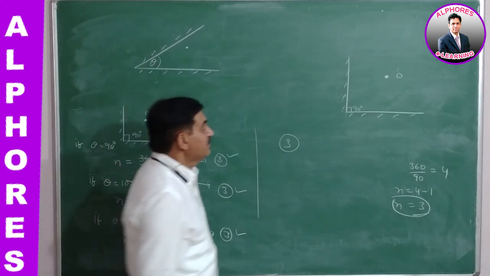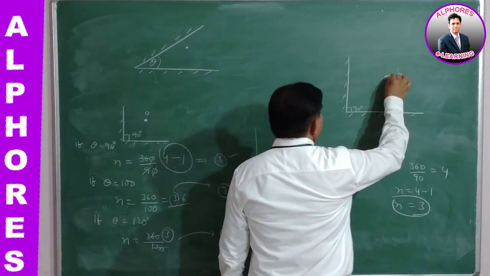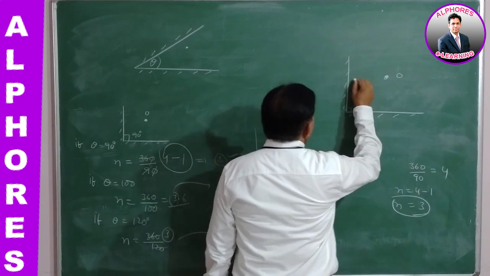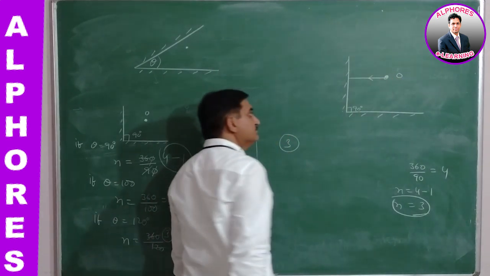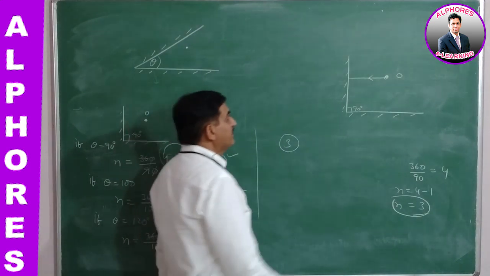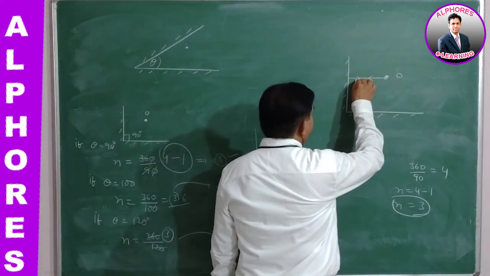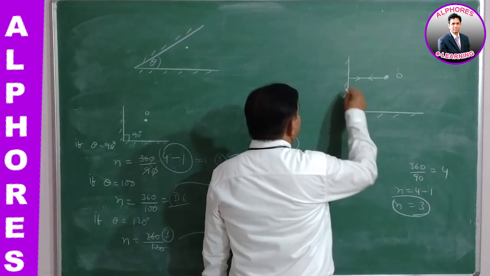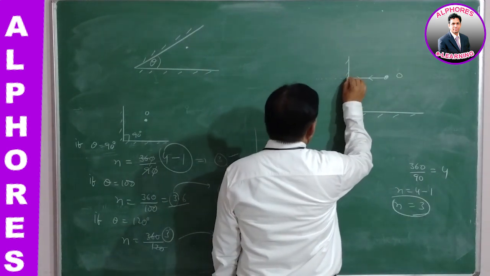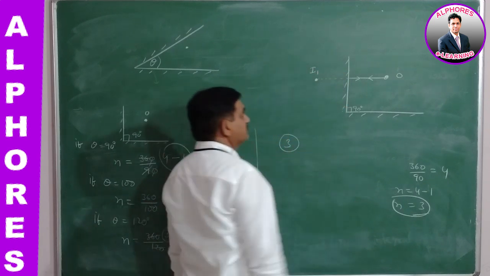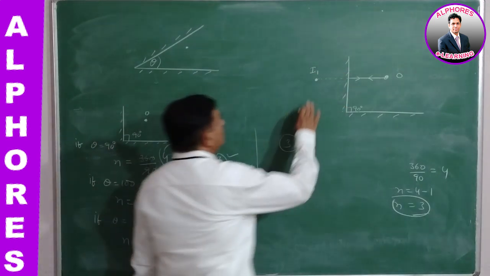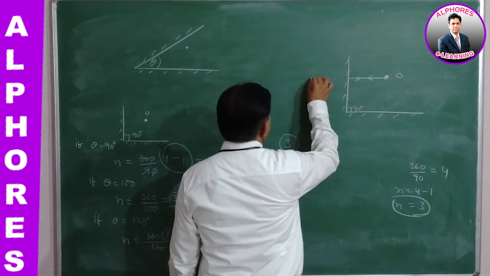Let us see. Here, this is the object and its corresponding image formed. Suppose a normal incidence is considered. For normal incidence, the ray retraces along the same path and its corresponding image is formed over here. This is image 1, a virtual image.